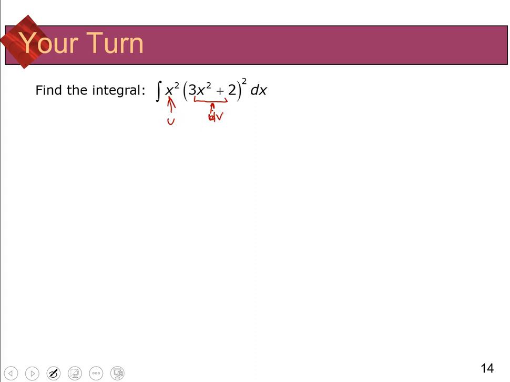And if you go that route and try to do that, you're going to find out really quickly that when you do your u times v minus the integral of v du, the integral of v du becomes an integral that you cannot integrate. So if you follow the guidelines that the book gives you, it's going to be one of those instances where it just doesn't work.